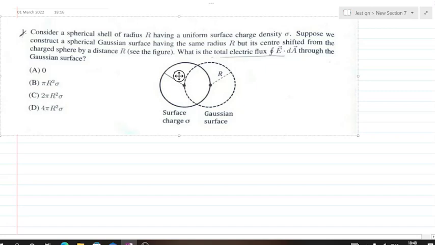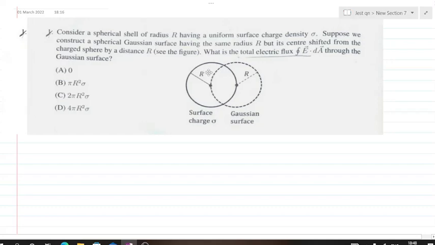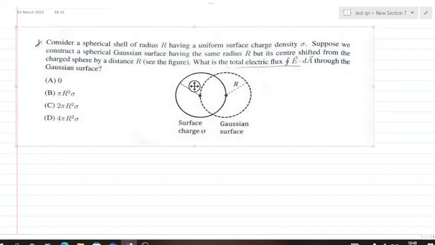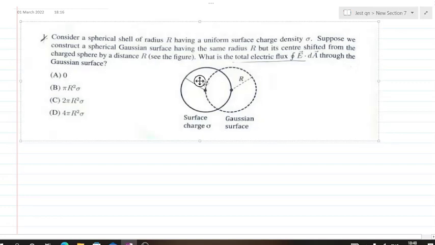Consider a spherical shell of radius r having a uniform surface charge density sigma.